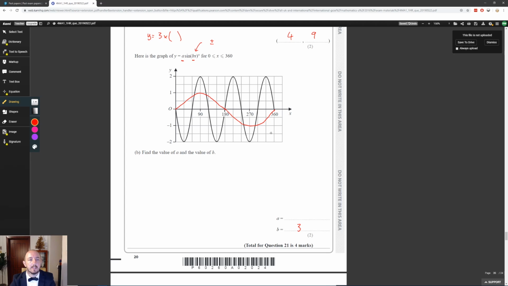So b would be 3. If I get rid of this and now draw what sine 3x would look like, you would have 3 waves in there, and we would have something that looks like this.